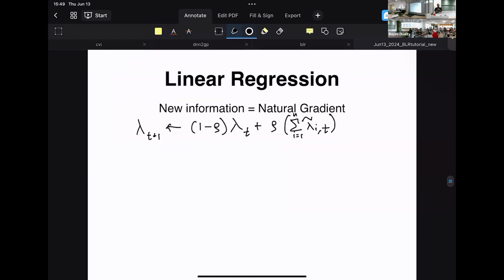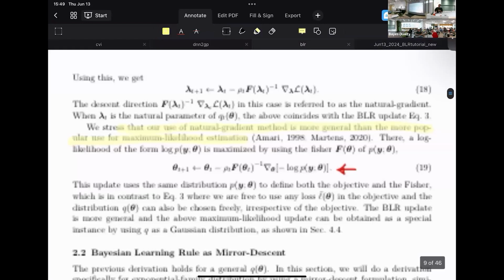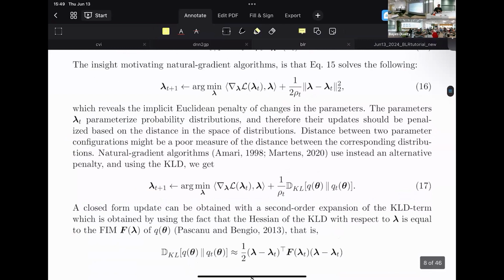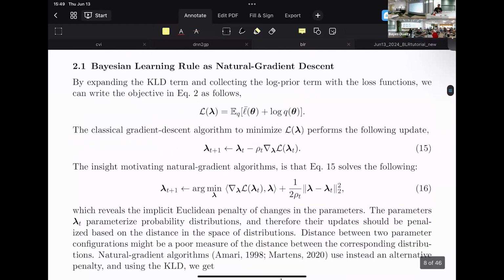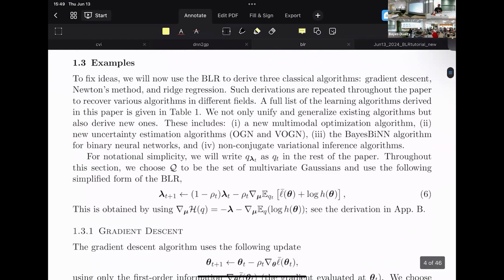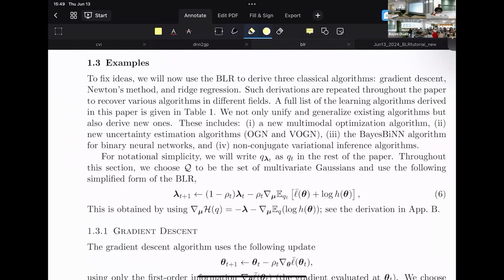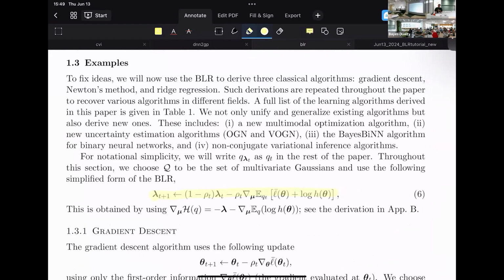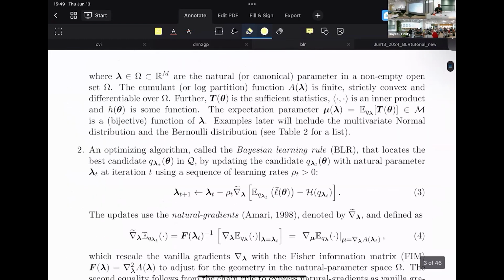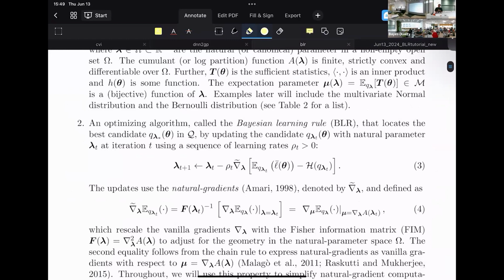Is this clear? This is good, right? We can call this BLR. If you go in the paper, this version is written in a more accurate way in equation 6. But the original version written in the paper is written with the natural gradients like this.